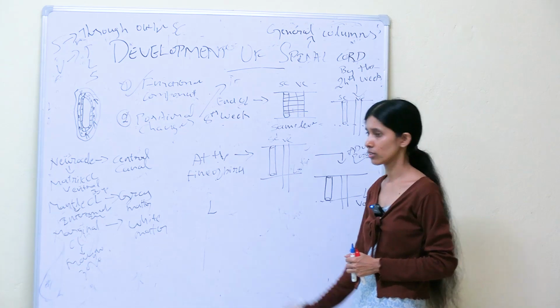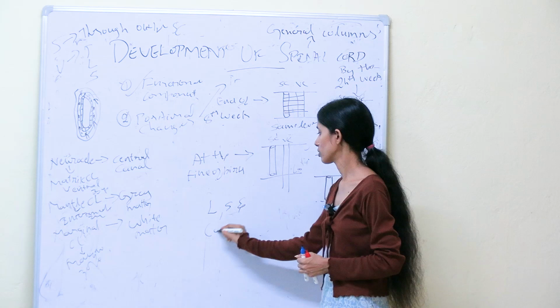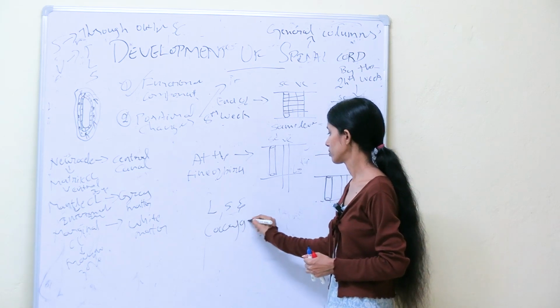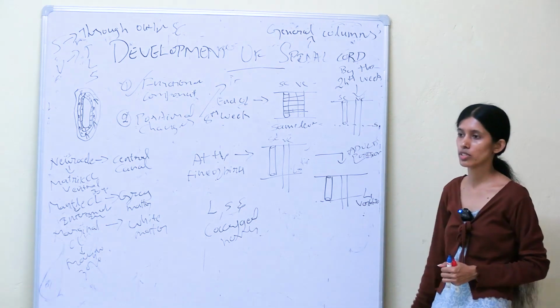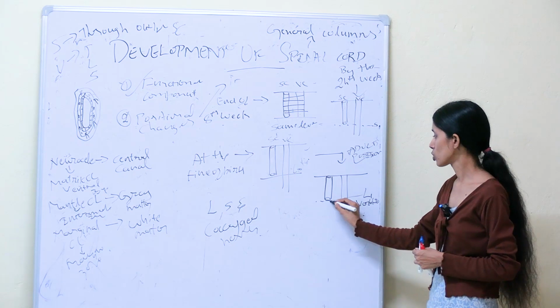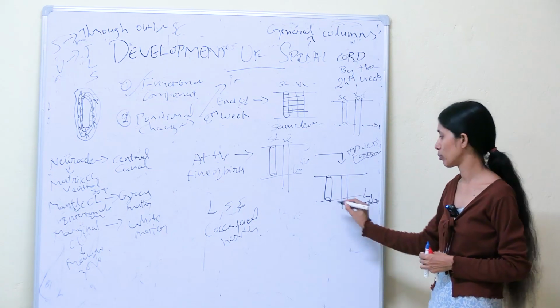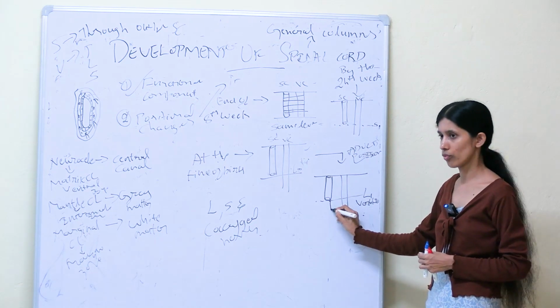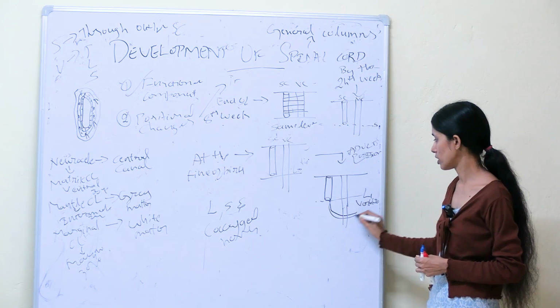Lumbar nerves, sacral and coccygeal nerves. These are the three nerves present below your L1 vertebrae. Whatever nerves are present below your L1 vertebrae will first move in the downward direction and later move in the lateral direction like this.